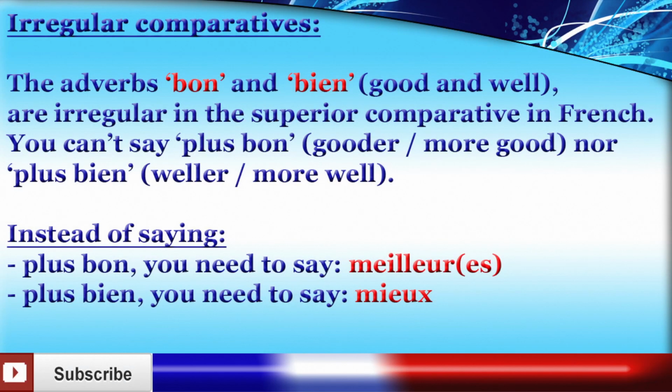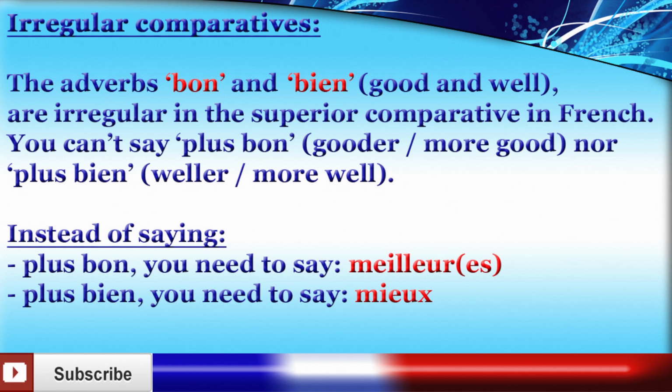You also need to know that the adverbs bon and bien, good and well, are irregular in the superior comparative in French. Just like in English, you can't say plus bon, gooder, or more good, nor plus bien, weller, or more well. Instead of saying plus bon, you need to say meilleur, and instead of saying plus bien, you need to say mieux.